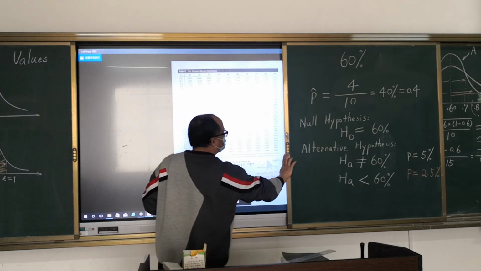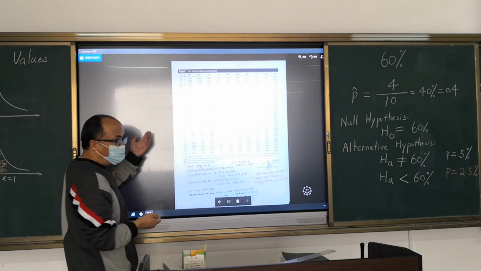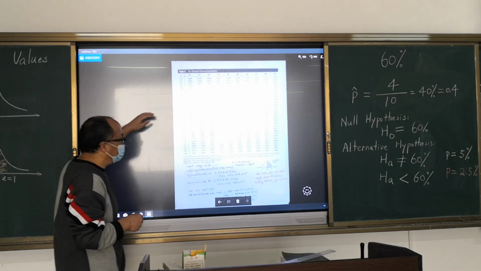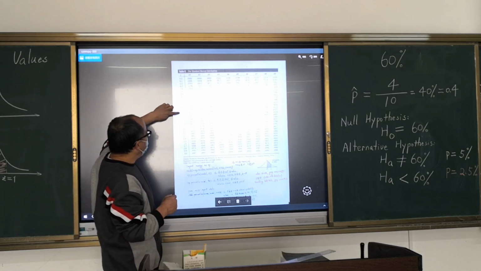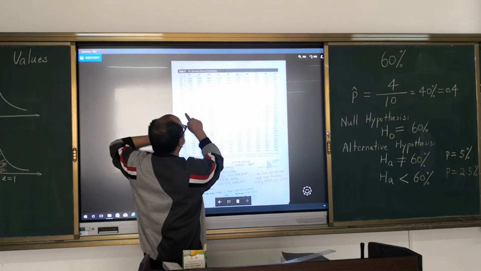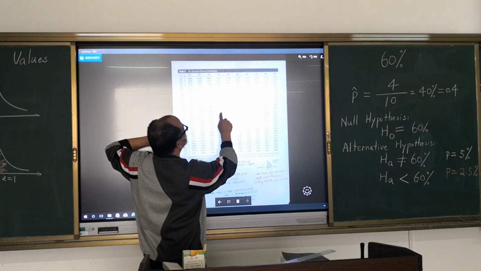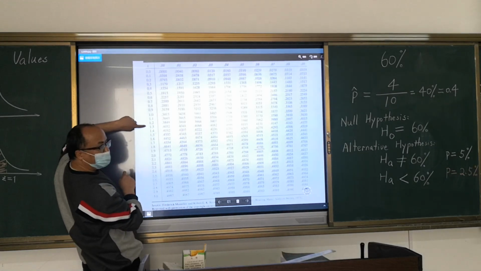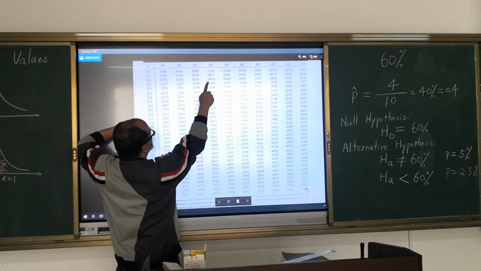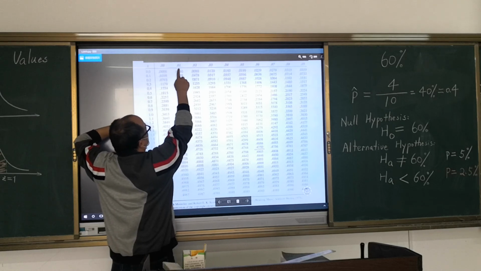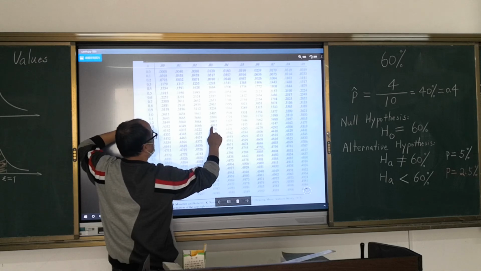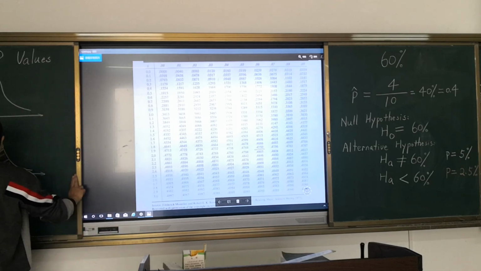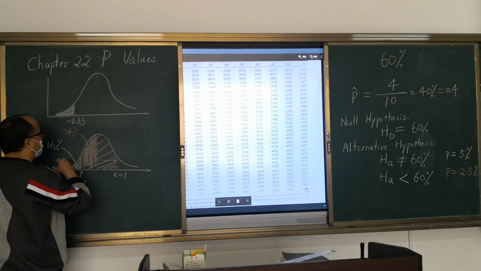For 1.33, when checking the table we just use a positive one, because for negative we can convert. 1.3 here and 0.03, so it is 0.4082.